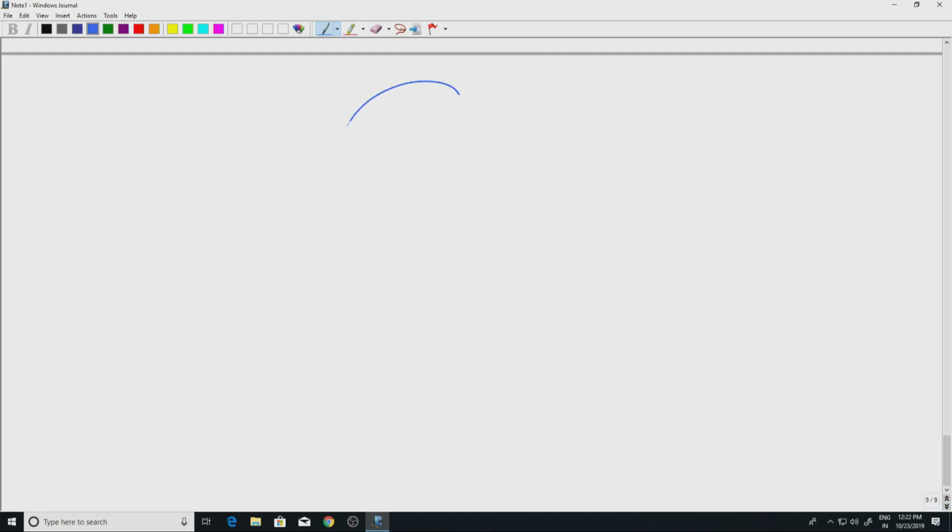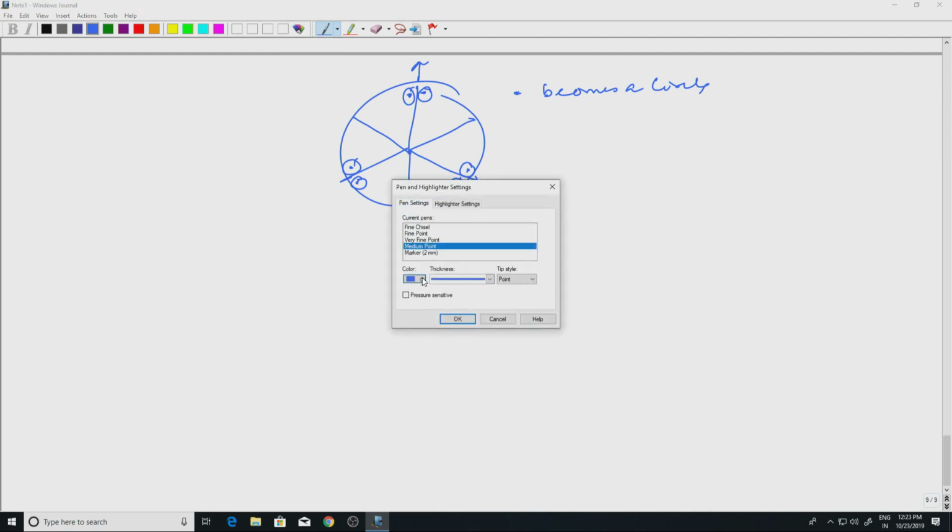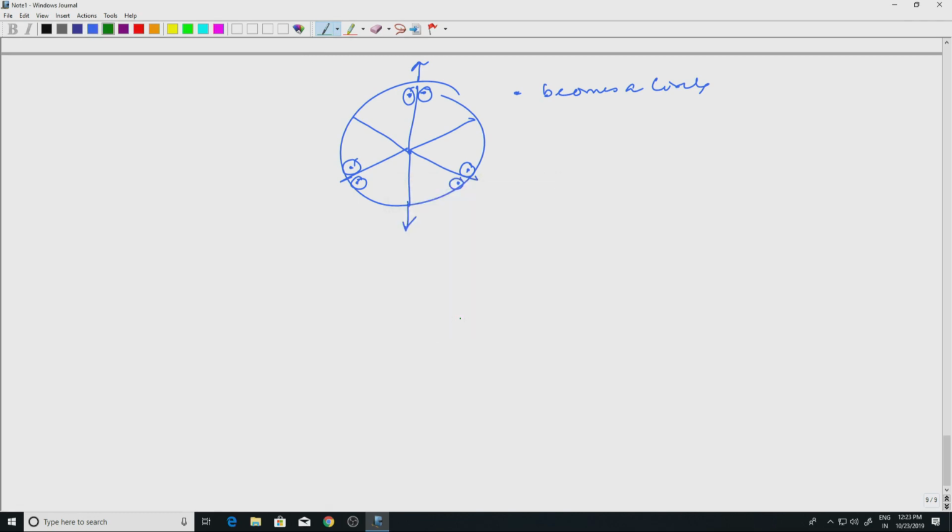You continue. When we rotate here, dot becomes a circle. Further, we can see that this two-fold.